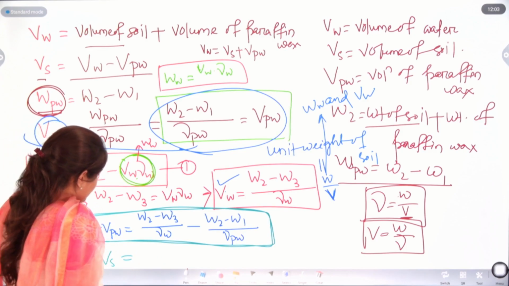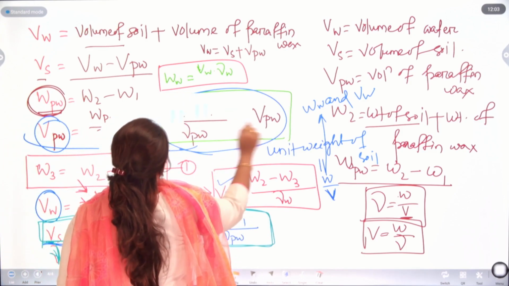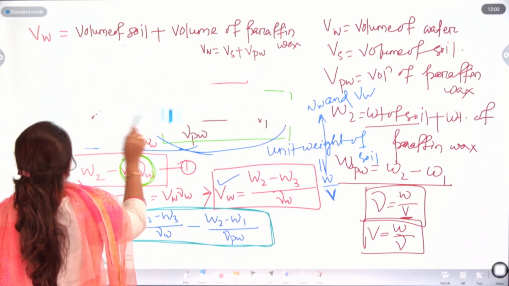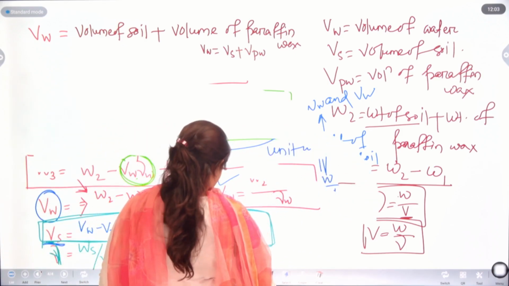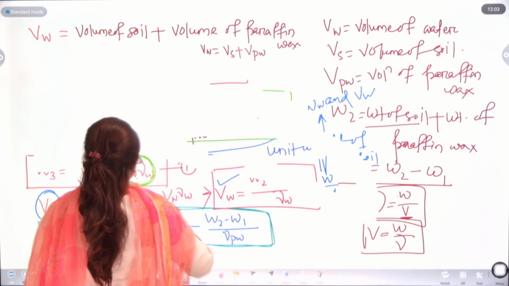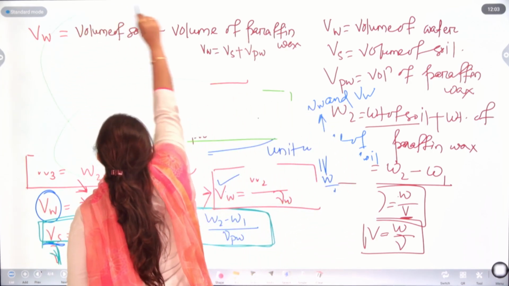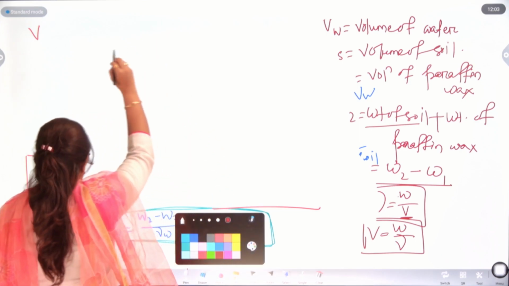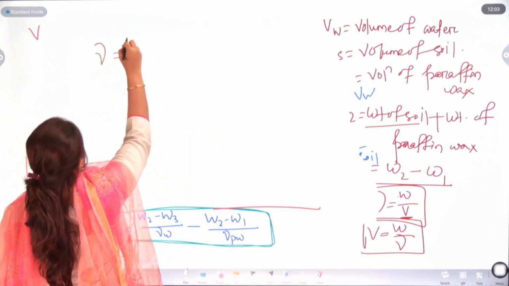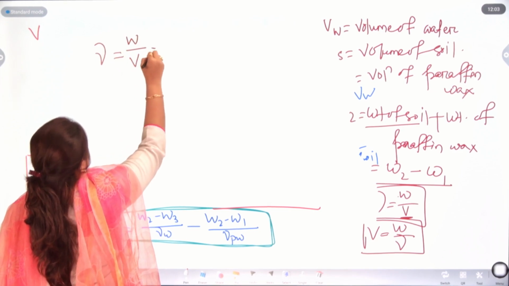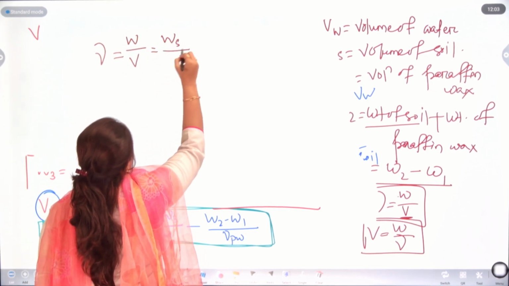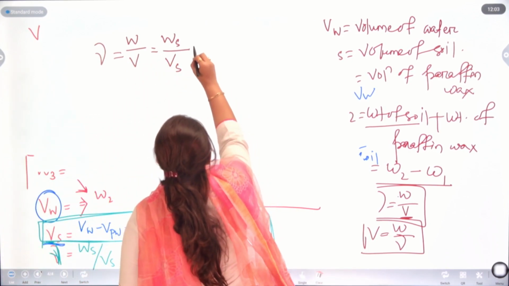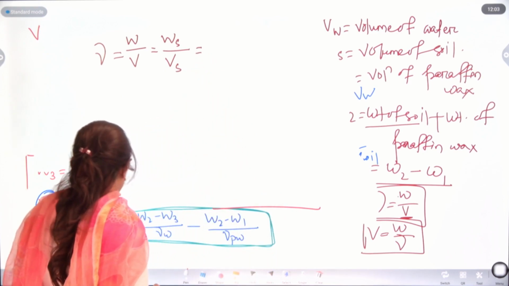So, now the formula for gamma equals W upon V. Also, we can take Ws upon Vs, with Ws as the weight of solid and Vs as the volume of solid.